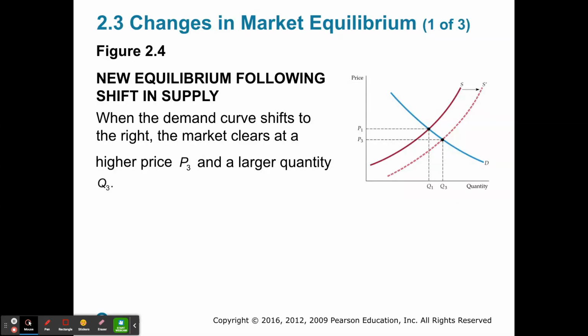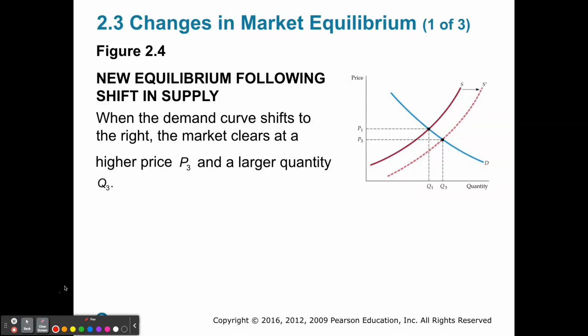Okay. So again, largely as review here, we talk about what's basically called comparative statics, which basically means how do we predict changes in the prices and the quantities based on some other event happening. So here you see that when the supply curve increases, shifting to the right, the equilibrium price falls.